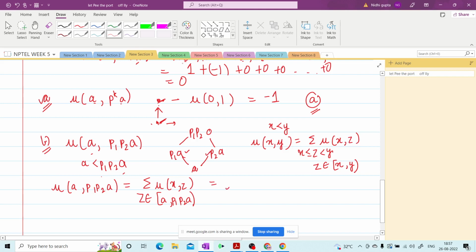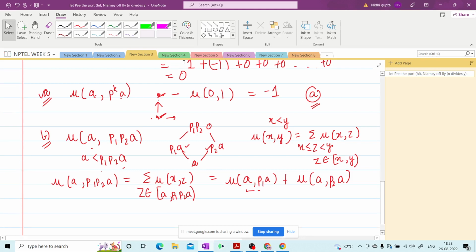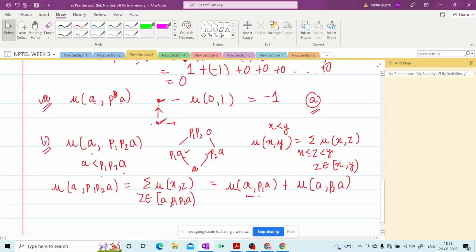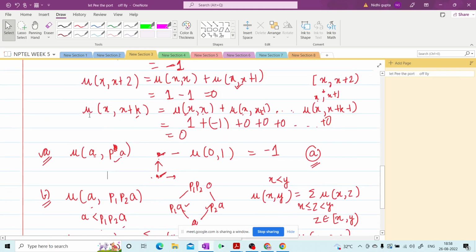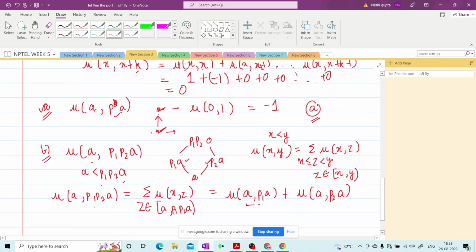So it will come out to be mu A P1A plus mu A P2A. And mu A P1A we have calculated in our first step. Oh sorry, this was APA. It was a chain, and it was coming out to be this.